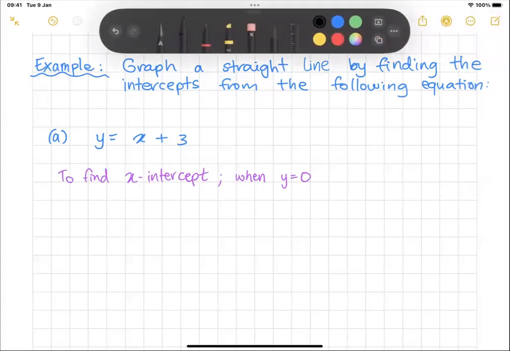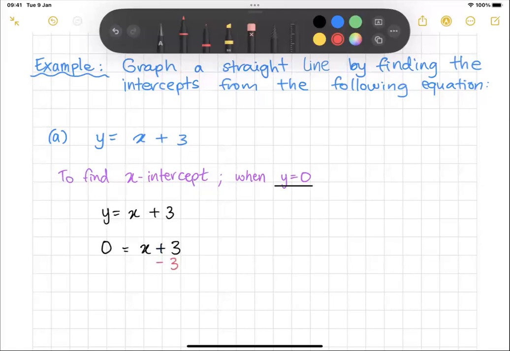So what I'm going to do now is write my equation, which is y equals x plus 3. I'm now going to substitute y equal to 0 into my equation. So the next line should look like this: 0 equals x plus 3. Once I've done that, I'll just use my algebra skills. So it should be a one-step equation.